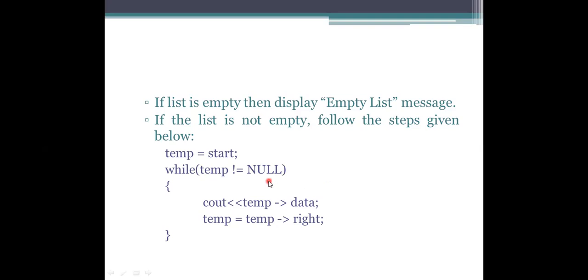So the temporary variable will be assigned to the start, and while the temporary variable is not null, meaning it still has an element, we need to process our list. Cout temp, so the temporary variable's data is pointed to and displayed. And then temp equals temp right, to go to the next node.